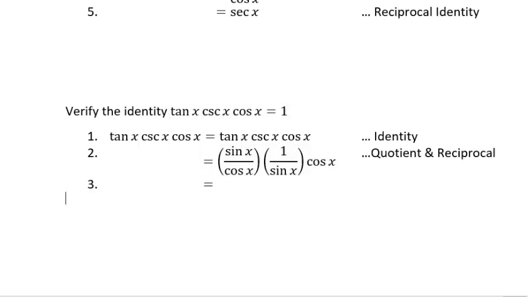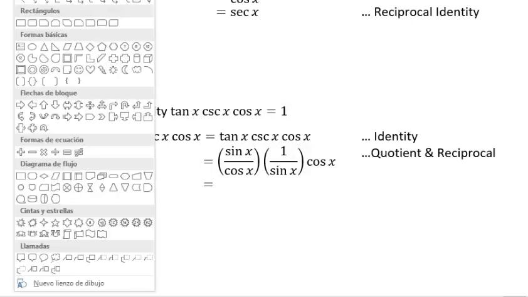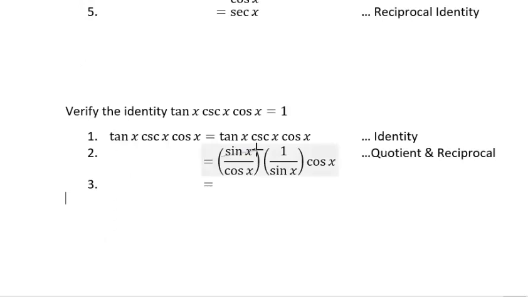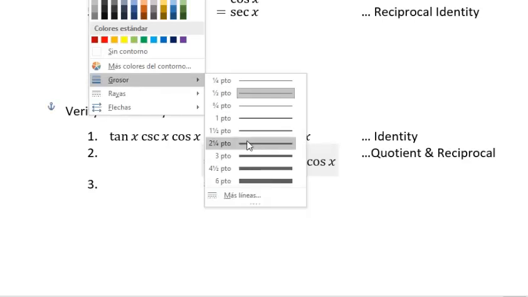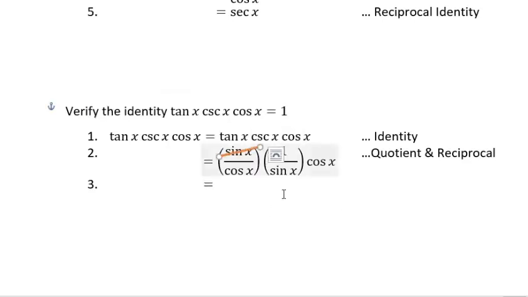Okay, so it's kind of like straightforward. So I cancel sine. Okay, cancel sine of x. I also cancel cosine with cosine of x.